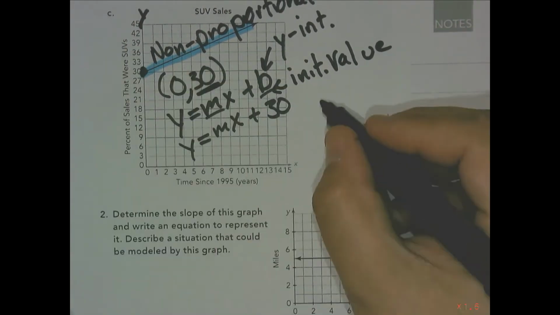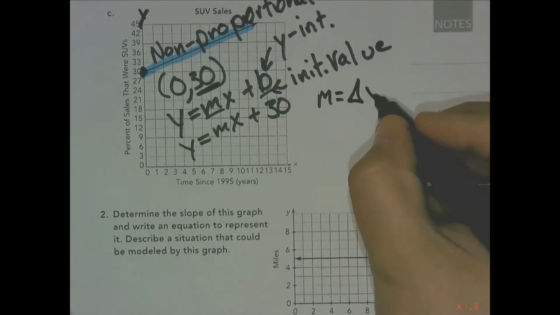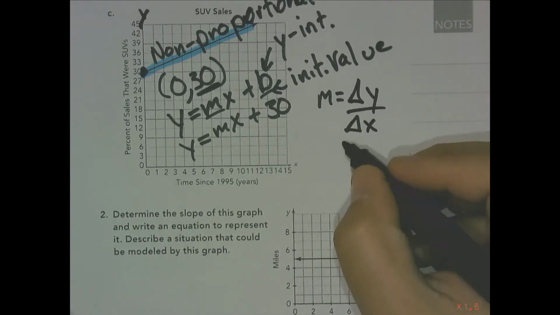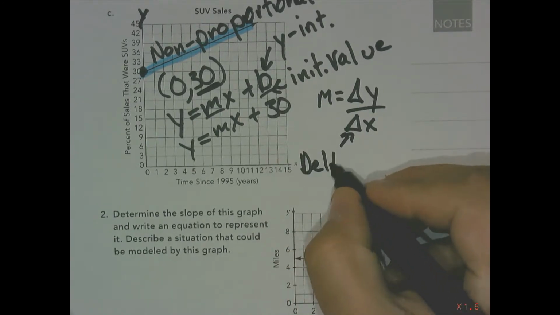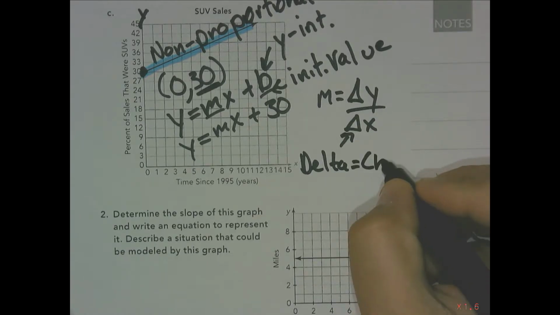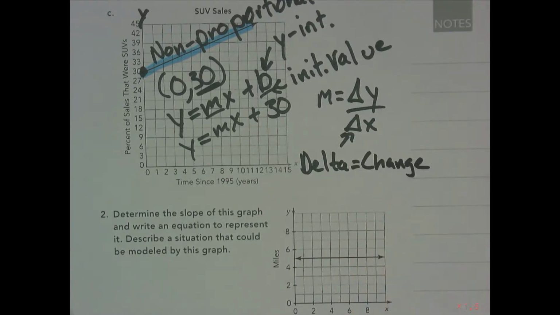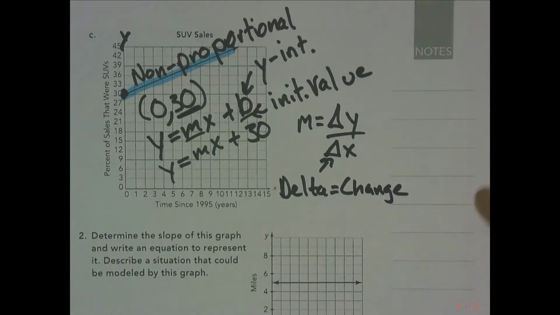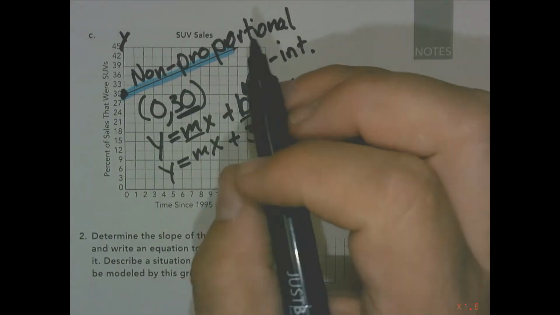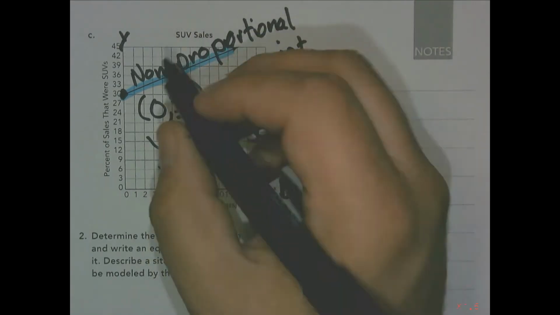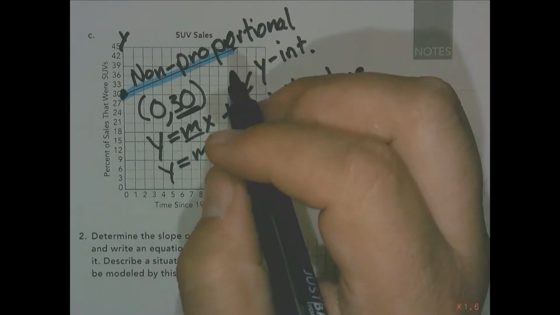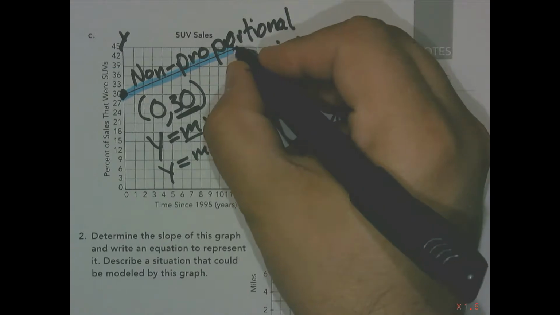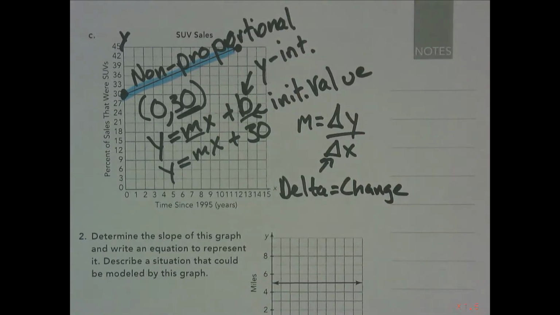Right here at 30. Now, to find m, I'm going to say that m is equal to the change in y over the change in x. Remember, this little triangle is the Greek letter delta, and it means change. Okay? So now to find that, I'm going to look at my graph very carefully and try to find a place where the graph crosses at or around on the grid.